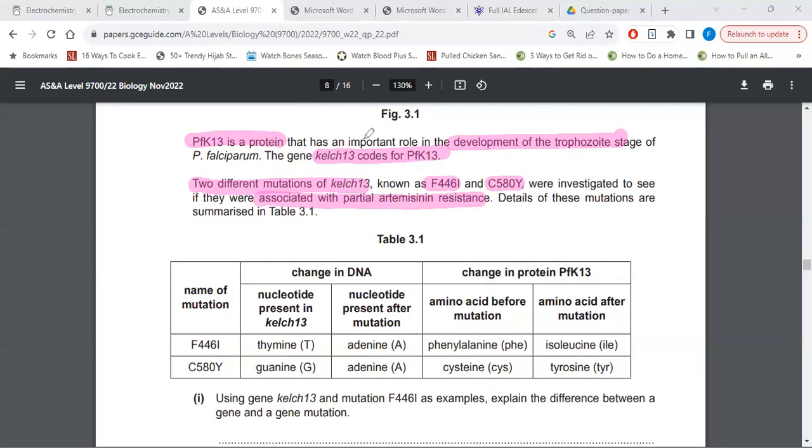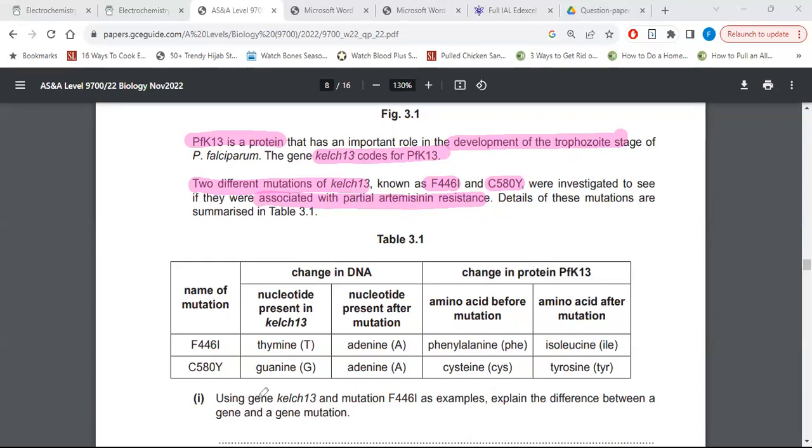So they're seeing, does the mutation in this gene, is that the reason that these malarial pathogens are able to develop resistance to the drug therapy? Is that the reason?